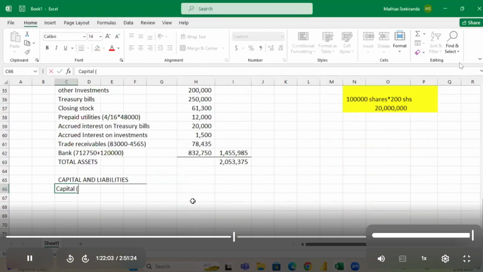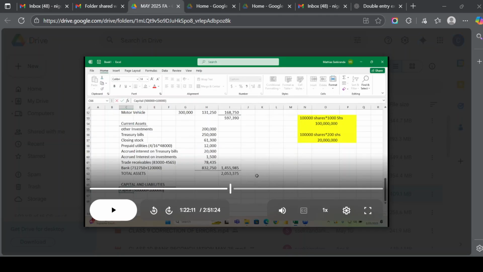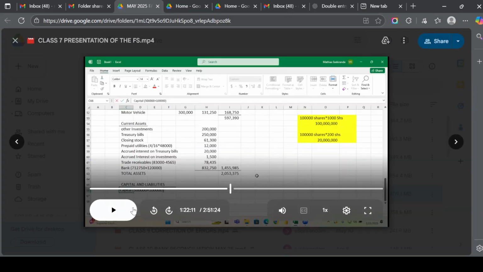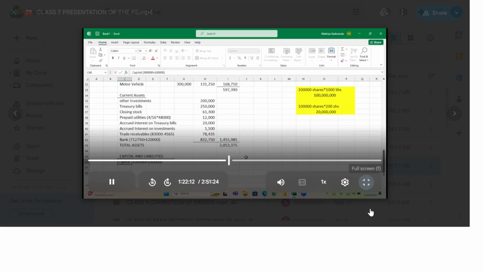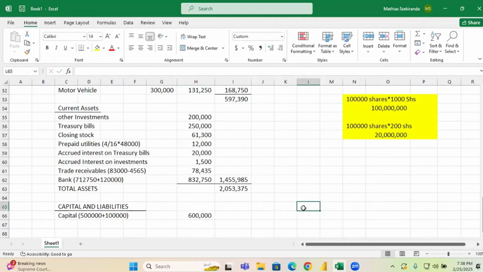This figure, 500,000, I add on the 100 million, okay, which is 100,000. So my capital as at year end is 600,000, okay?